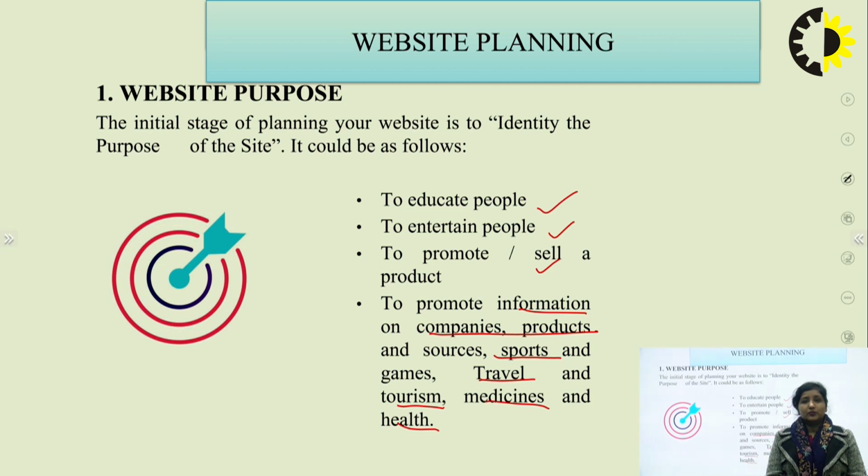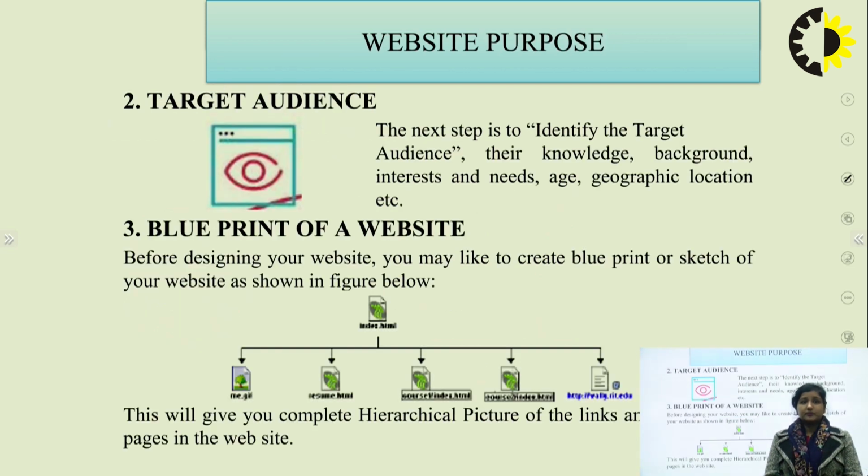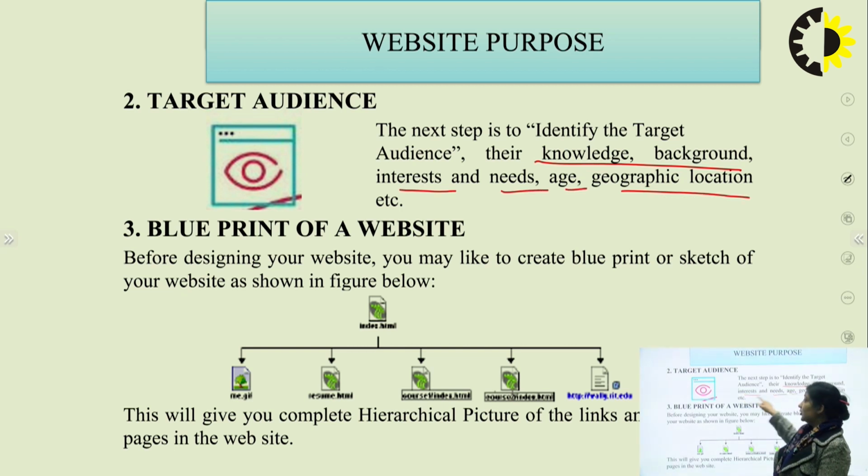That can be the case of the website. Next one, which we discussed, is the target audience. The target audience is required so that we have knowledge of their background, interests, needs, age, geographical location, etc. For this purpose, the target audience is required.